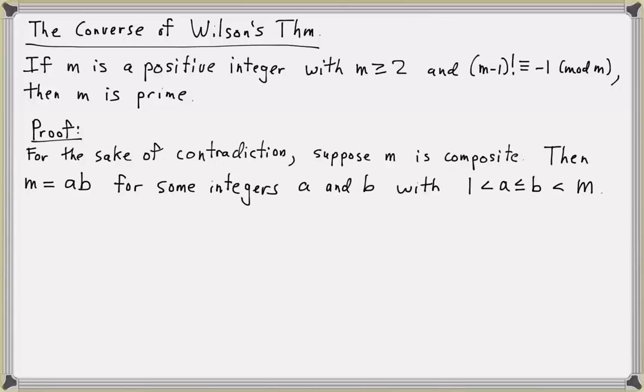Now we have a is a divisor of m. So since a divides m, and we're assuming that m minus 1 factorial is congruent to negative 1 mod m, therefore m divides m minus 1 factorial plus 1.